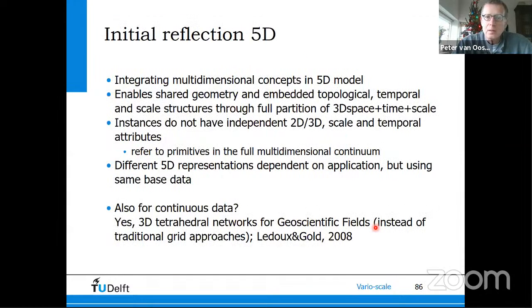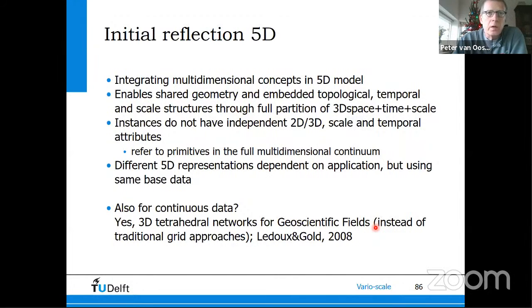And yeah, to reflect on this, these concepts are enabling to store everything integrated and together. That means consistent, avoiding overlap or other errors, gaps, allowing zooming, allowing animations and changing in time.